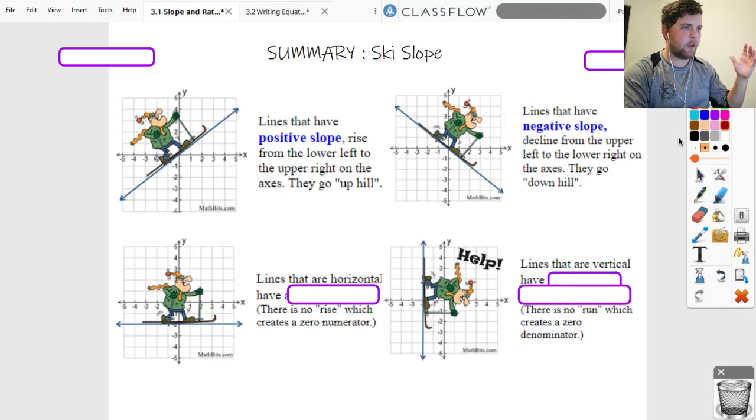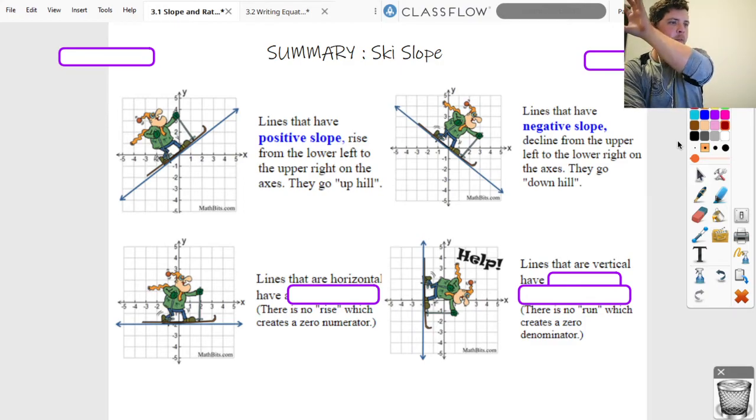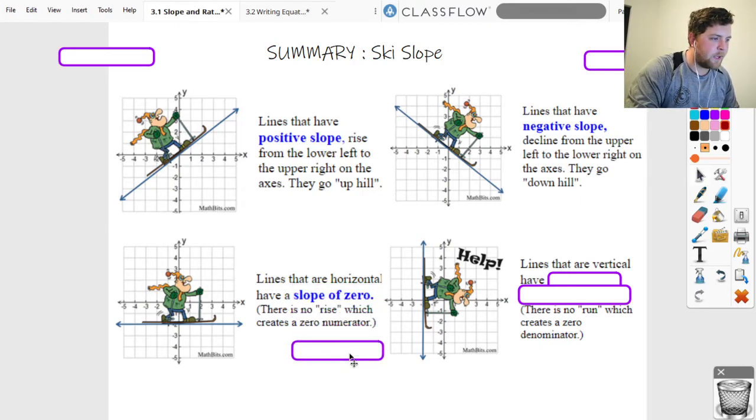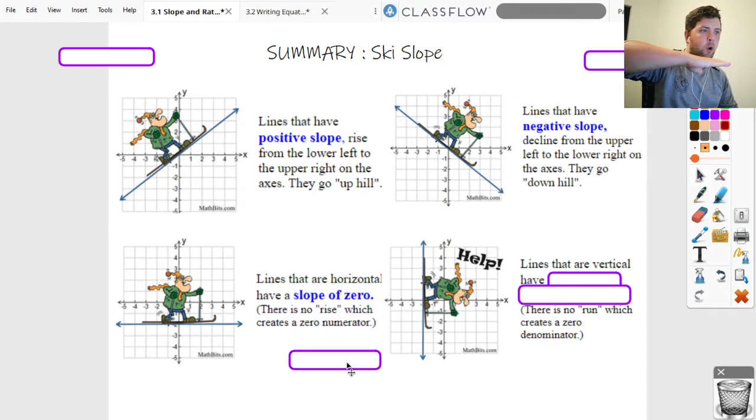Lines that are horizontal have a slope of 0. There's no rise, so there's 0 as a numerator.